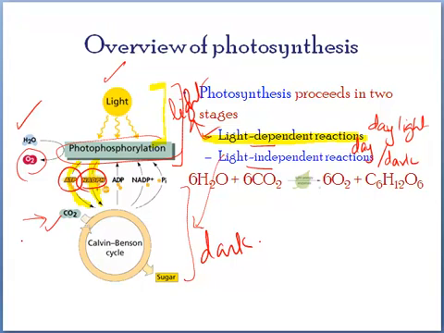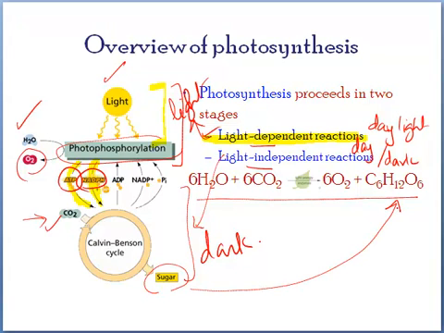Keeping all these things that are being released and what's being taken in, you can see the reaction of photosynthesis. This is the sugar molecule, whose structure is shown in this reaction. C6H12O6 is glucose.